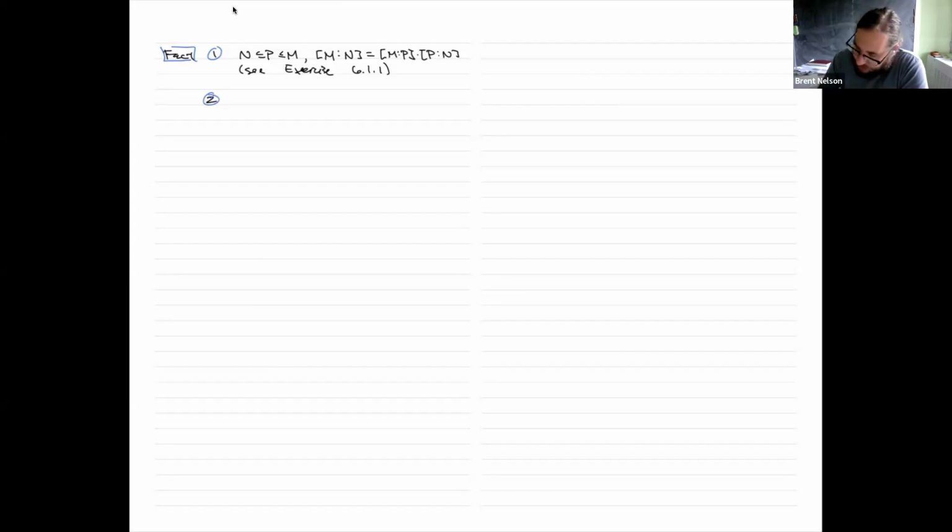And then the second fact is that when an index is finite, this implies that the relative commutant, the things in M that commute with N, is actually a finite dimensional algebra.